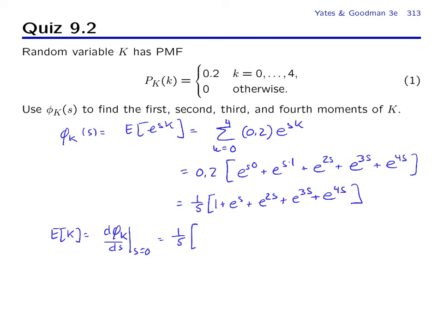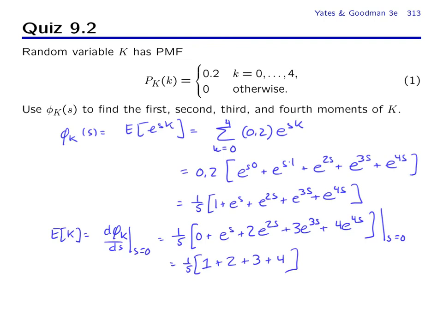So the derivative of 1 is 0, plus e to the s plus 2e to the 2s plus 3e to the 3s plus 4e to the 4s. And now we're going to evaluate that at s equals 0. And we get 1/5 times 1 plus 2 plus 3 plus 4.